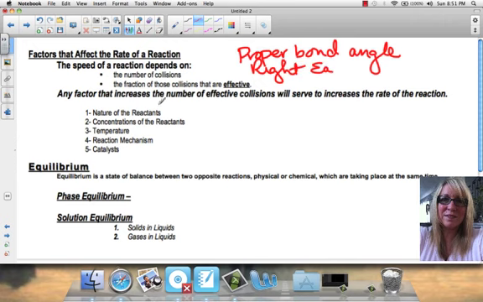There are certain factors that can increase the number of collisions, which in turn will increase the rate of the reaction. Catalysts, we've already talked about.